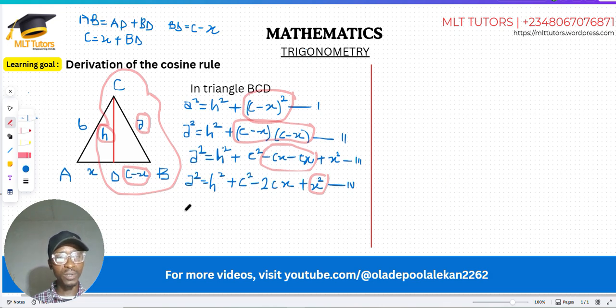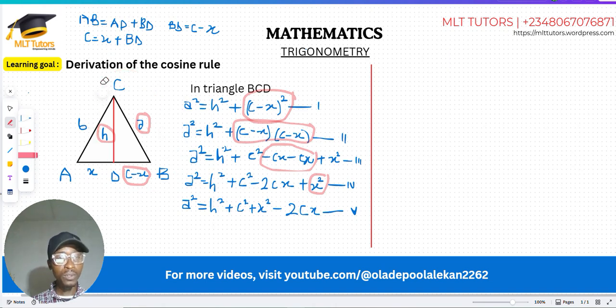So in doing that, we still have a squared, still retaining its position, equal to h squared plus c squared plus x squared minus 2cx. Okay, so with this, we are done with triangle BCD for now. We now have to move to the other triangle.